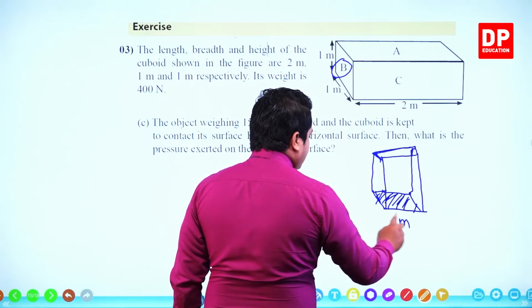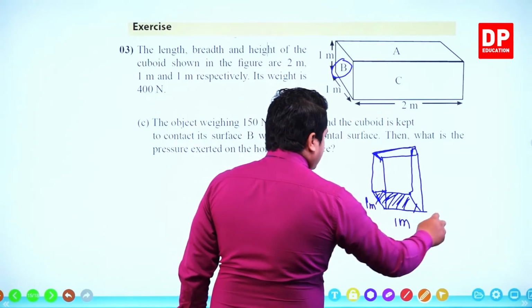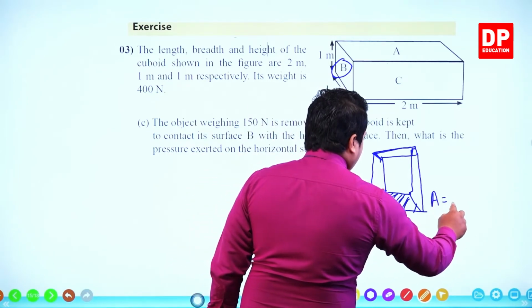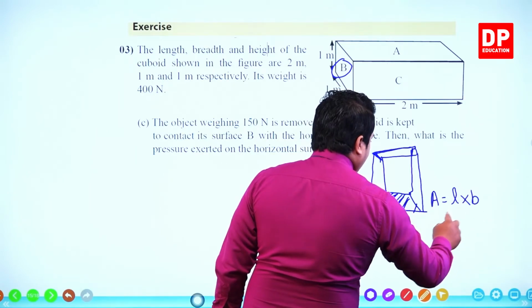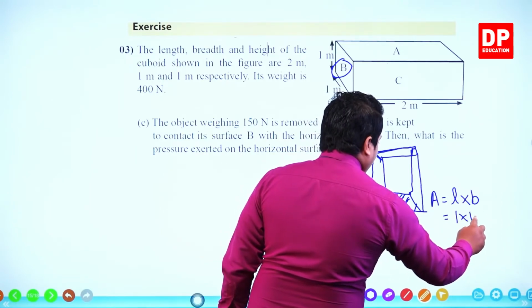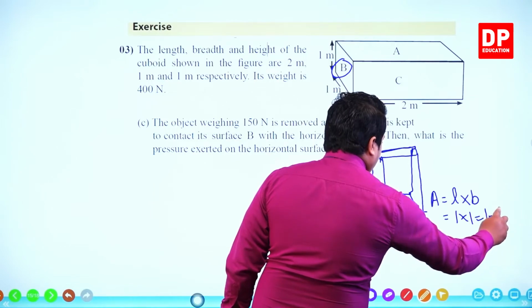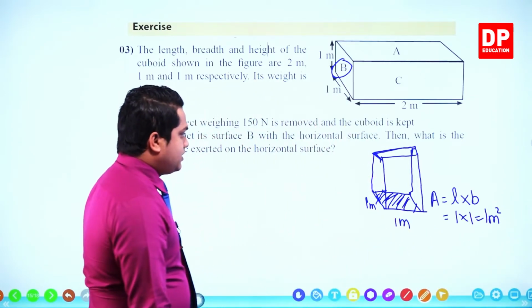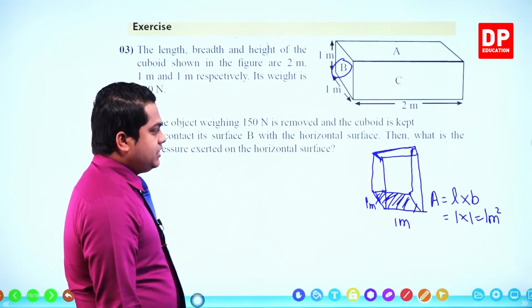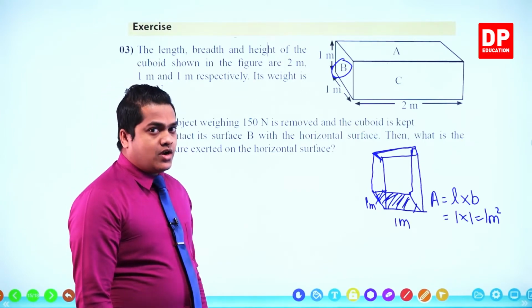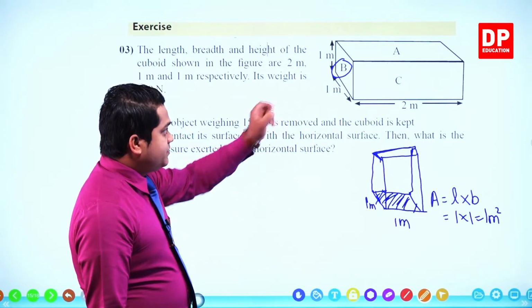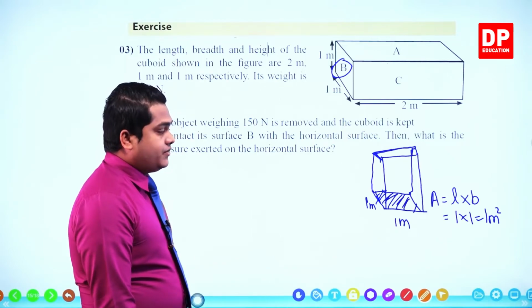Surface B is 1 meter by 1 meter. So the area is now equal to 1 square meter. The contact area now is equal to 1 square meter. Surface B is the one which is placed right now.